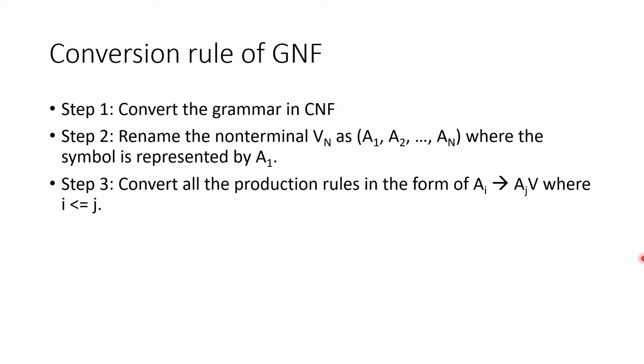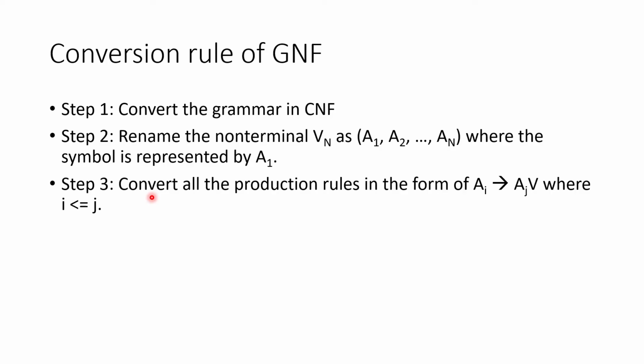Convert all the production rules into the form Ai can be rewritten as Aj followed by V, and this V is some set of non-terminals followed by a single terminal, where you have to remember about these indexes: i must be lesser than or equal to j. What does it mean?